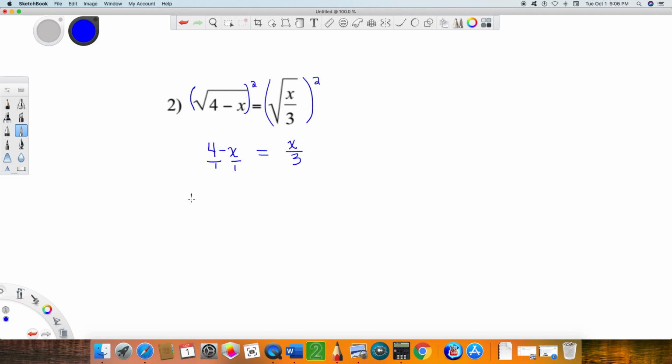So for this first term, we'll multiply this by 3 over 3. And for this second term, we'll do the same thing because it's missing a factor of 3.